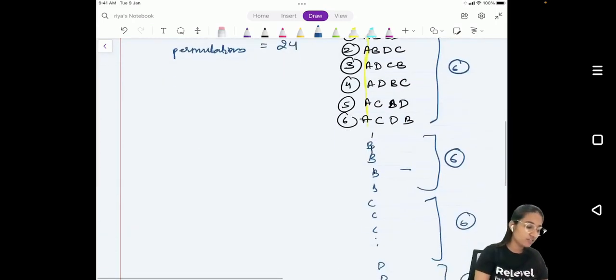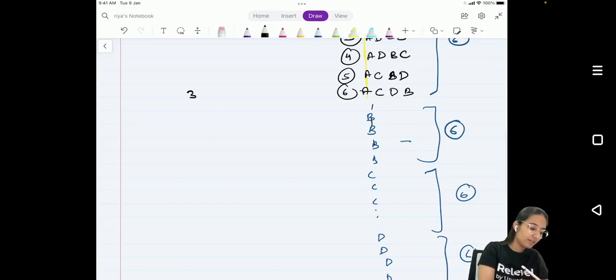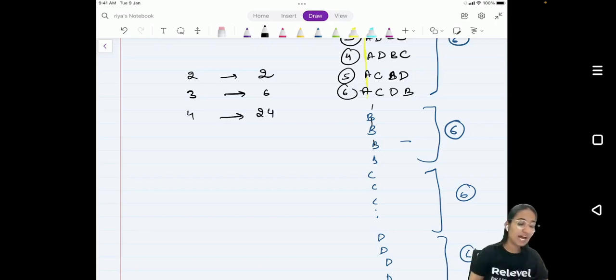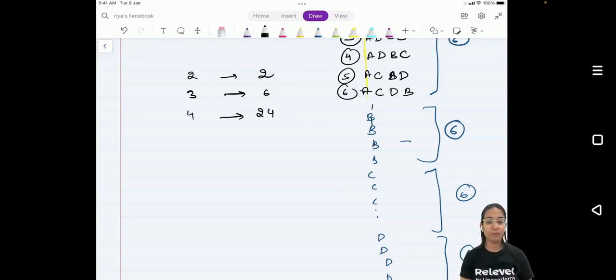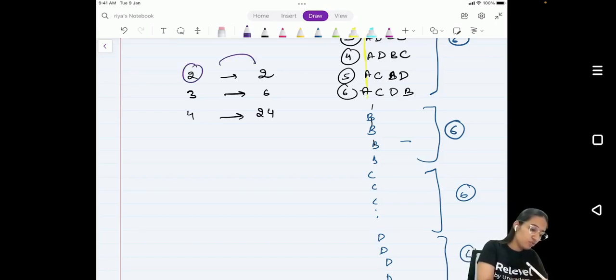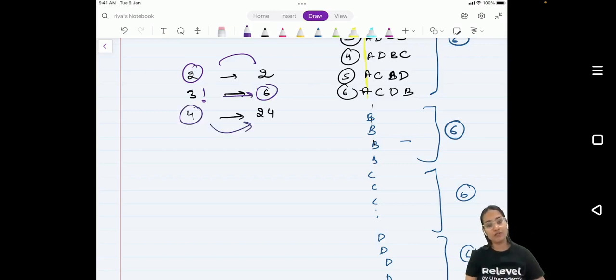If I try to generalize the concept, can I say that for 3 it was 6, for 2 it was 2, for 4 it was 24? That means that for a given input string of length n, the total number of permutations is going to be n factorial, correct? Because 2 factorial is 2, 3 factorial is 6, and 4 factorial is 24.